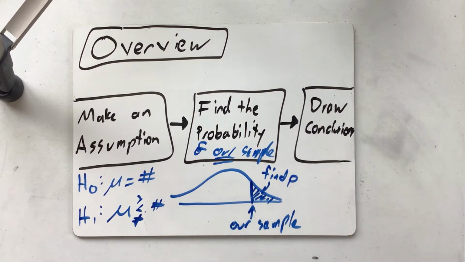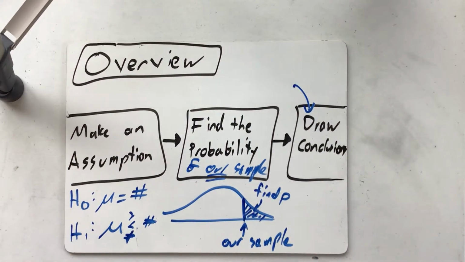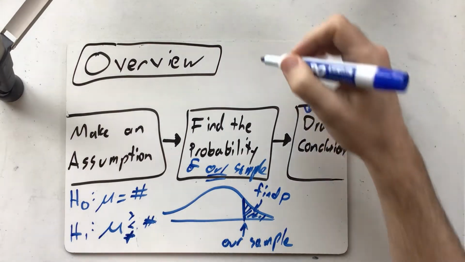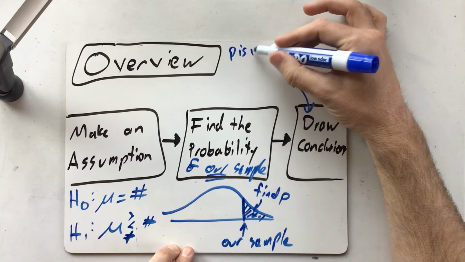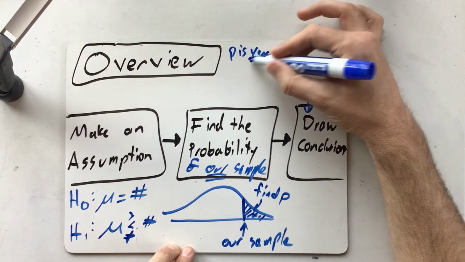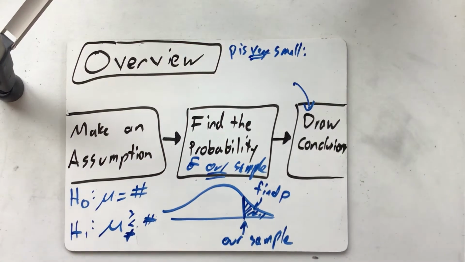And it turns out there are only two possible conclusions that you can ever have for a problem. Either your P is very small, and if P is very small, then that means your assumption is probably wrong.